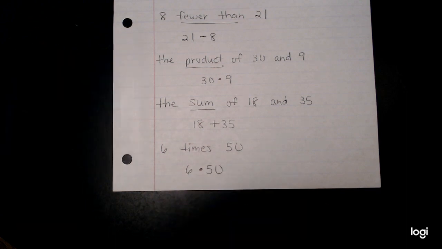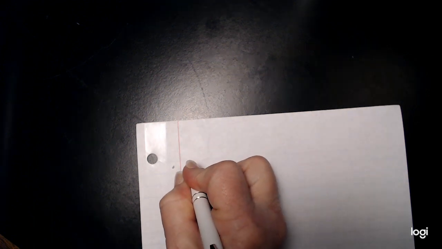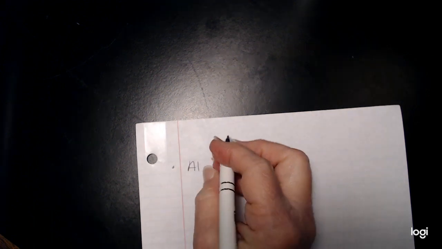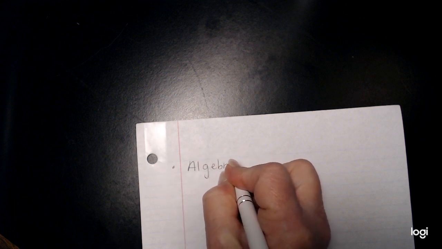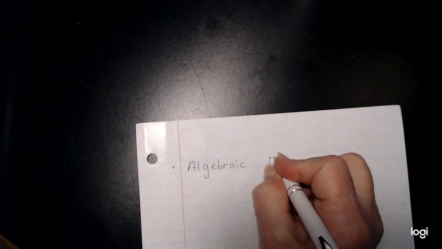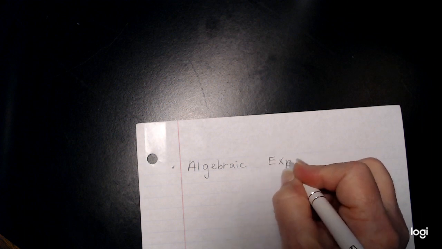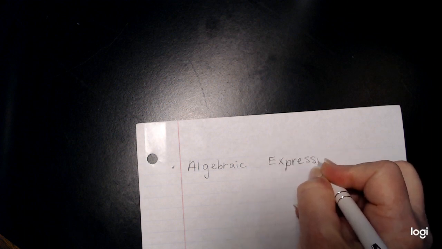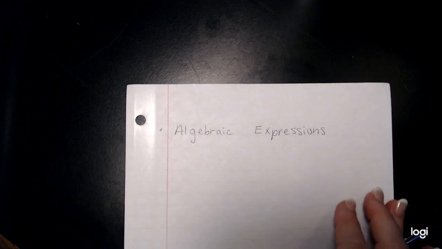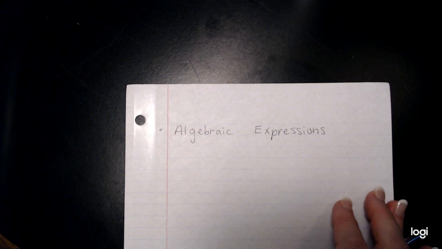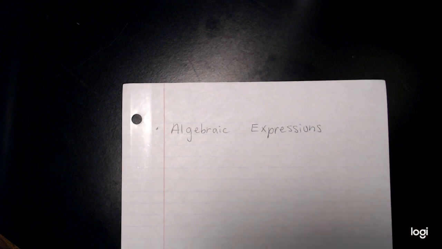All right, now we're going to move on to something called algebraic expressions. So let's write this in our notes. Kind of a funny word, algebraic. An algebraic expression is going to be a little bit different because it's going to include what we would call a variable, okay?